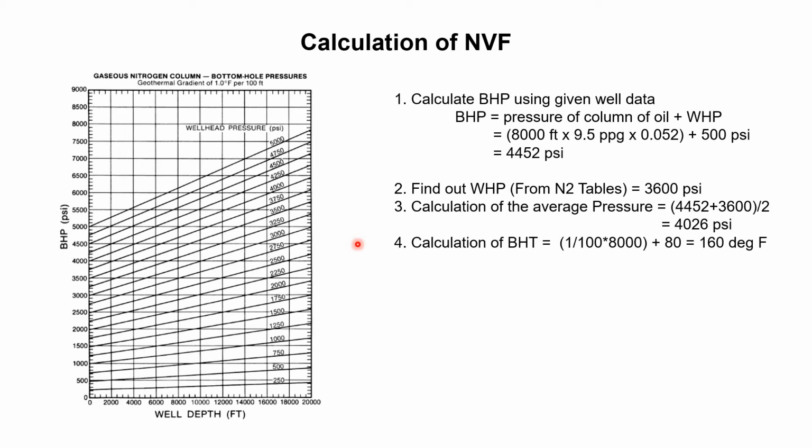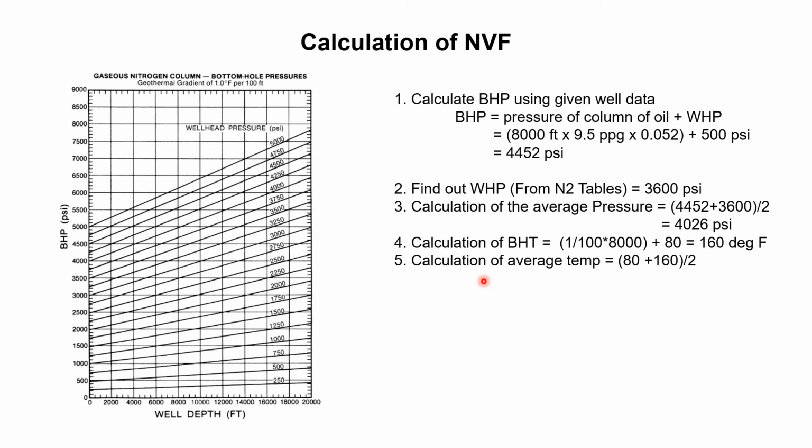The next step is the calculation of bottom hole temperature. For the calculation of bottom hole temperature, we have to use the given gradient. We are given 1 degree Fahrenheit per 100 feet. So we'll multiply this gradient with 8000 foot, that is the tubing length, and add the surface temperature. We were given that surface temperature is 80 degree Fahrenheit. So when we solve this equation, we will get 160 degree Fahrenheit.